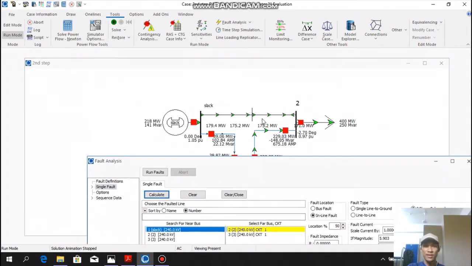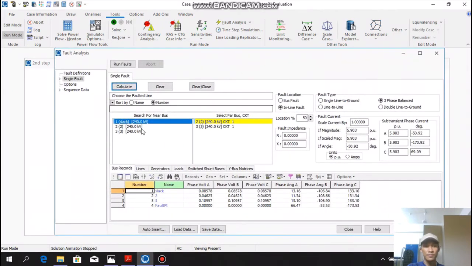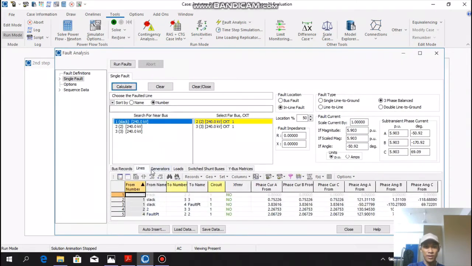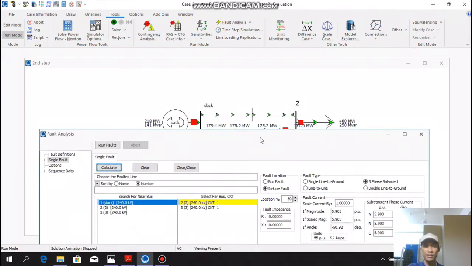So as you can see, here is the fault in between line 1 and 2. So we can see line 1, 2, 3, the current are changing.